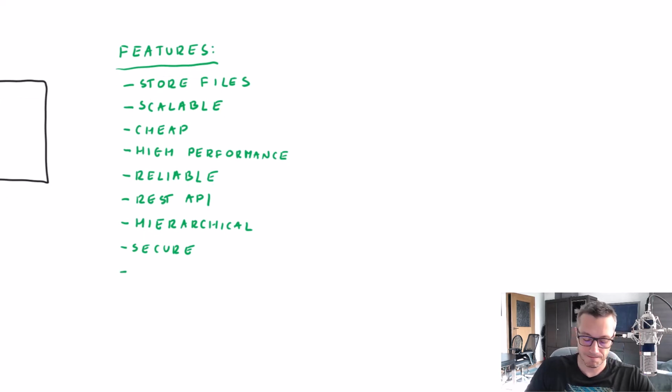And finally, we would like this data lake to be Hadoop compatible. If you recall from the previous video, Hadoop was this framework, a set of applications, used to process big data.